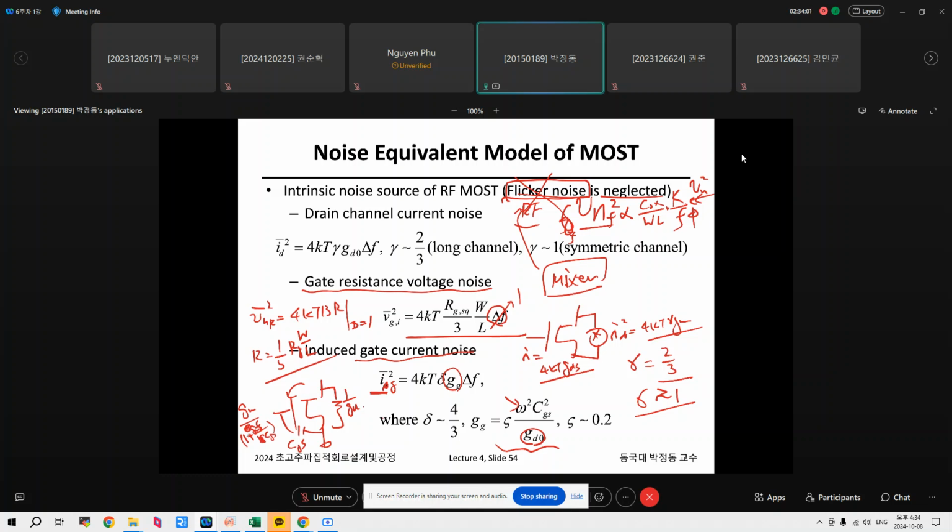So we neglect this. It looks like this, and we inverse it, and it looks like this. Anyway, this is due to the capacitor at the gate, so it's just a scale with respect to the input. That's it.